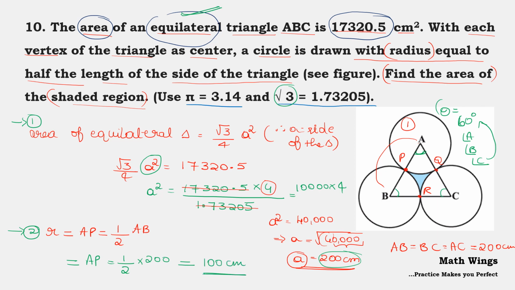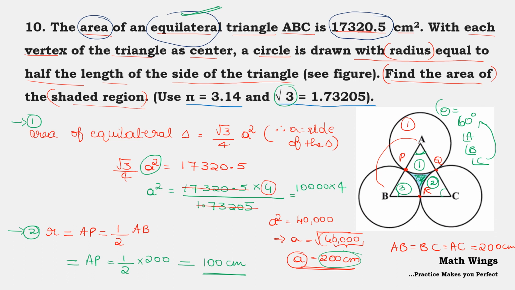Now observe here, we have to find the area of this shaded region. Now just observe here that the area of the shaded region is nothing but the area of the triangle minus the area of sector 1, sector 2 and sector 3.